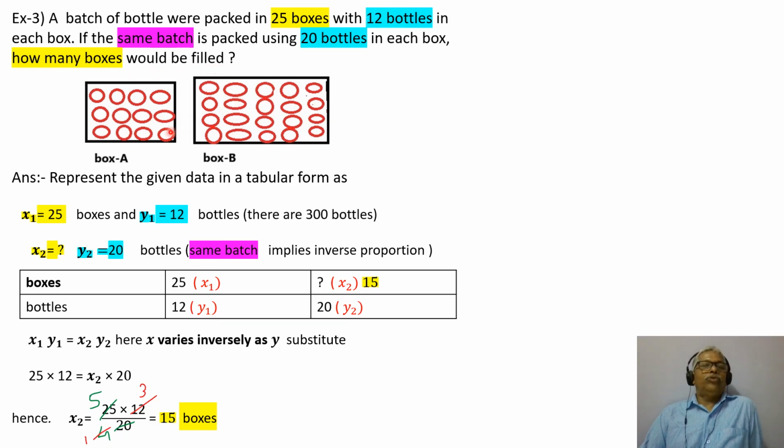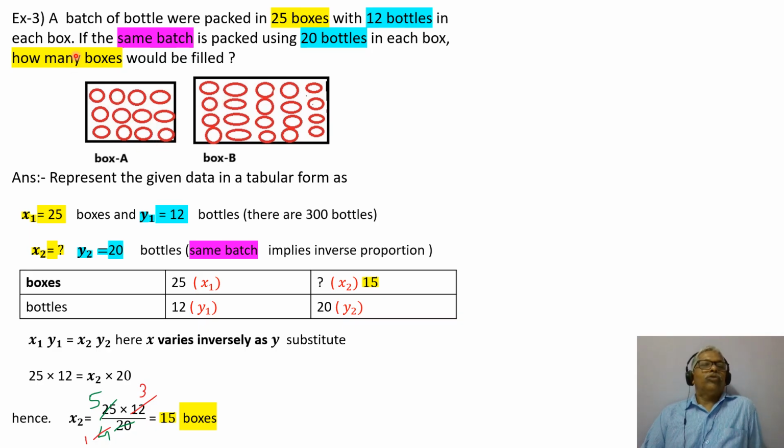Naturally, if you keep more bottles in a single box, then you will need a smaller number of boxes, as the number of bottles in the batch is the same. But we have to solve it in a proper mathematical way.